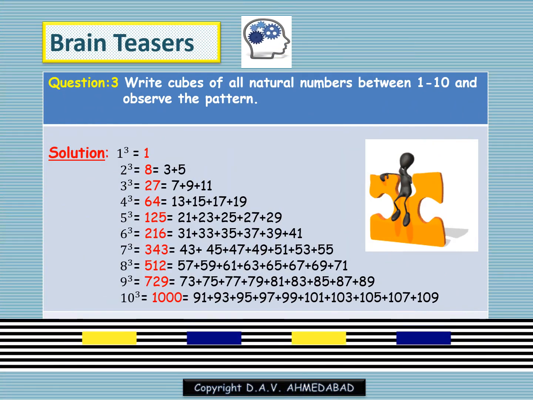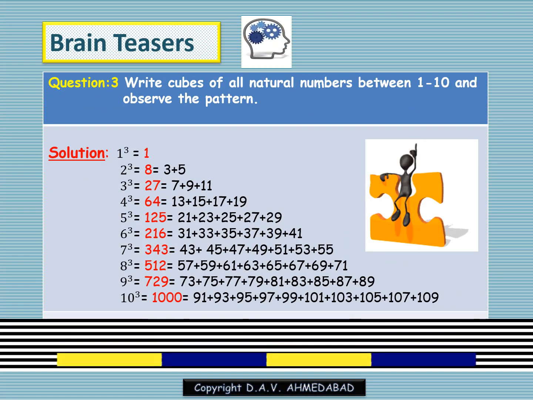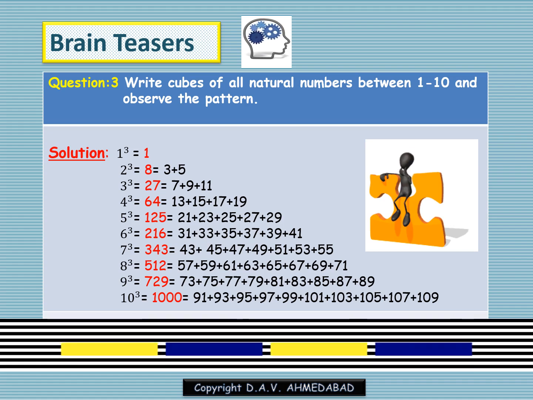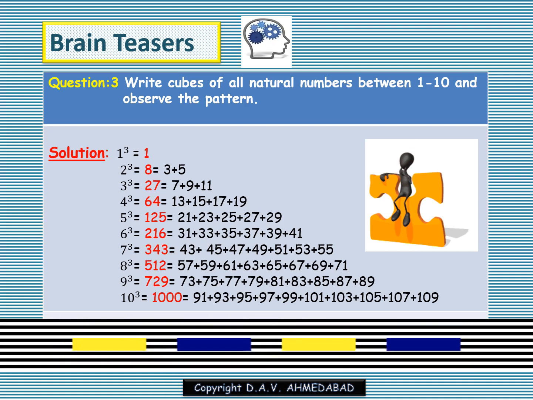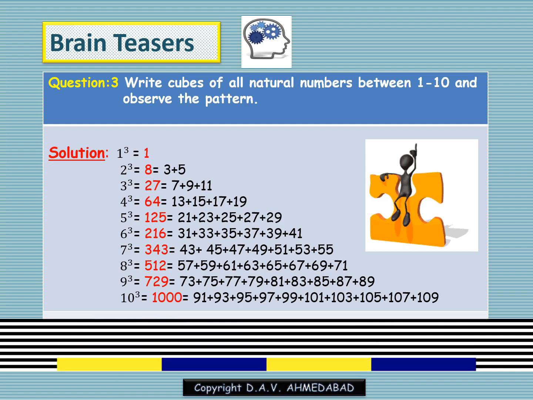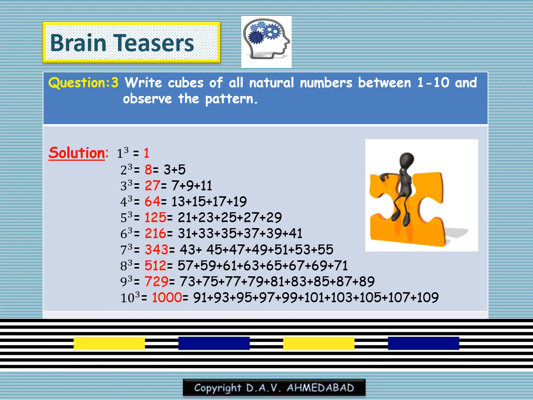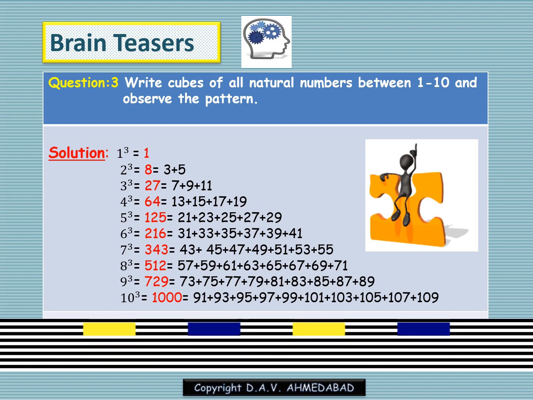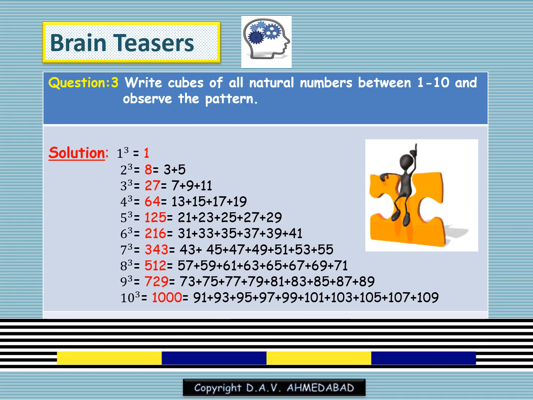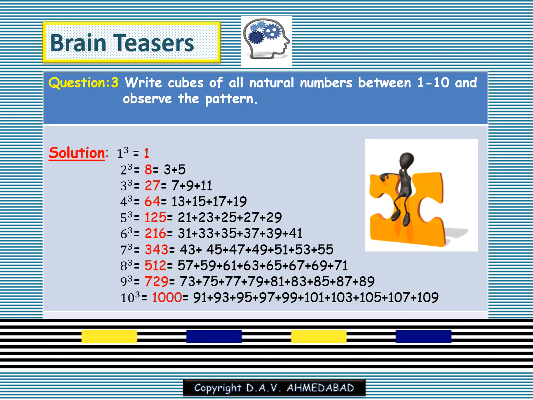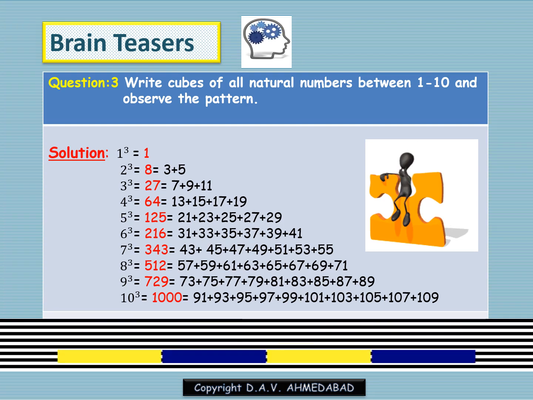Next is write the cubes of all natural numbers between 1 to 10 and observe the pattern. So let's enjoy. 1 cube is 1. 2 cube is 8. Now 1 is the first odd number and 8 is 3 plus 5. 3 and 5 are next two odd numbers.